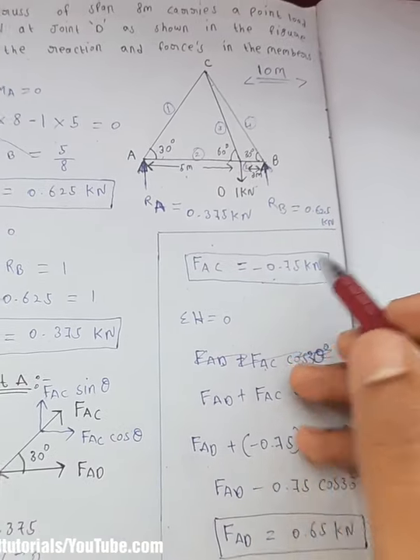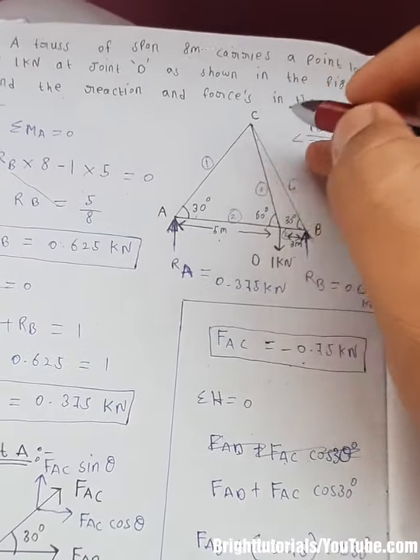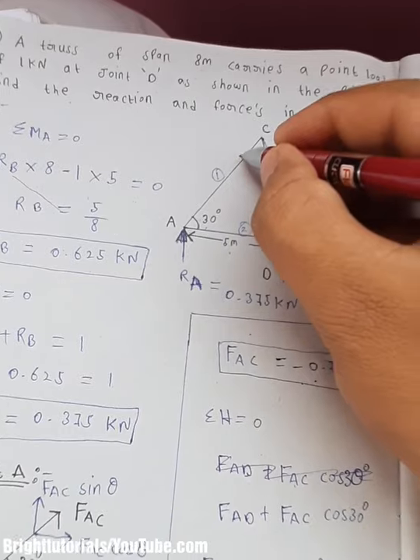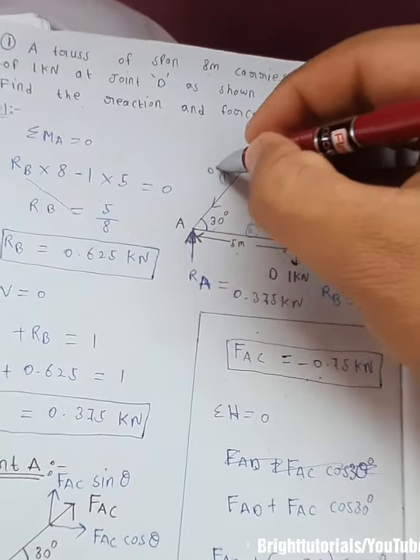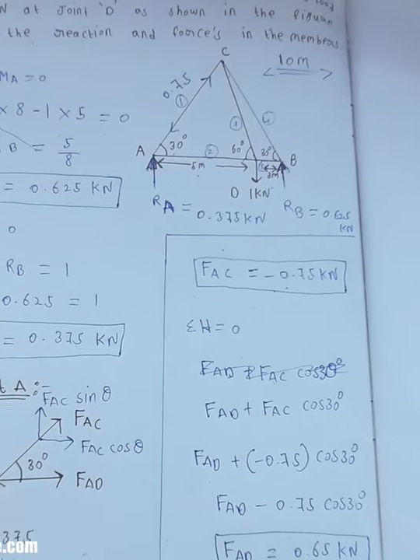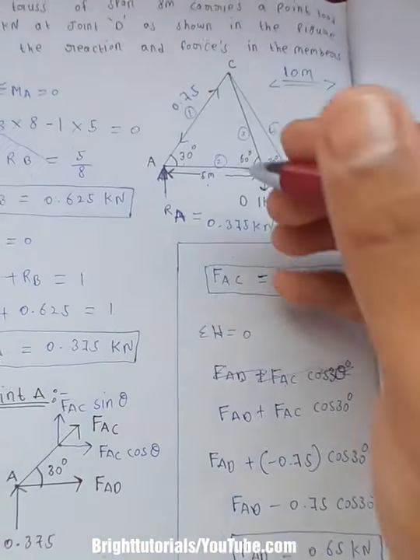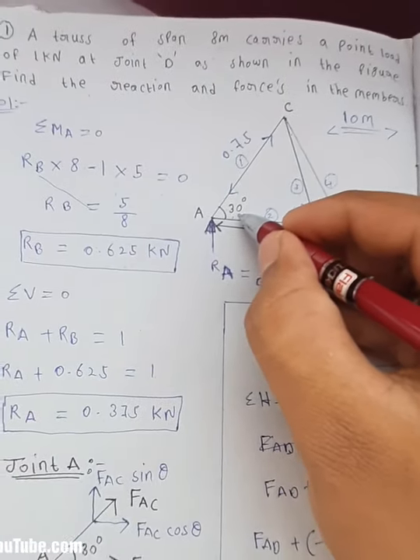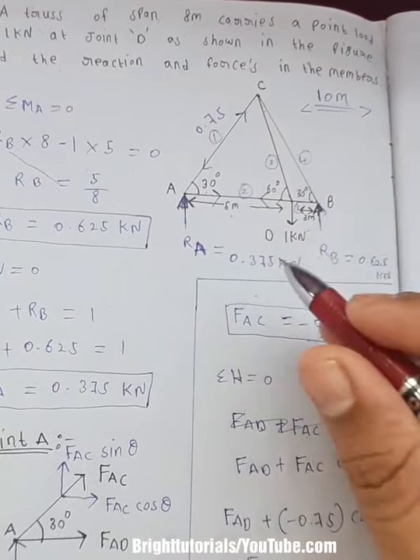Here minus means the force in this member is a tensile force, means like this. It is a tensile force 0.75, and here the value of FAD is positive 0.65. So that means it is a compressive force, means like this. You should indicate it like this.